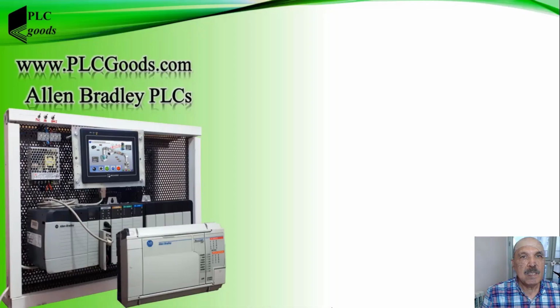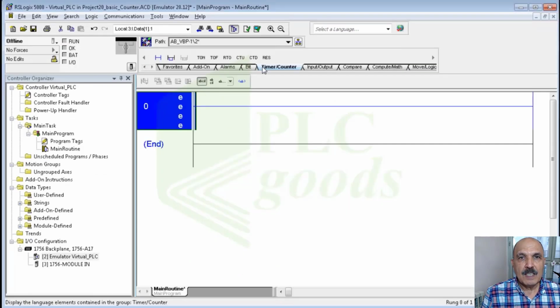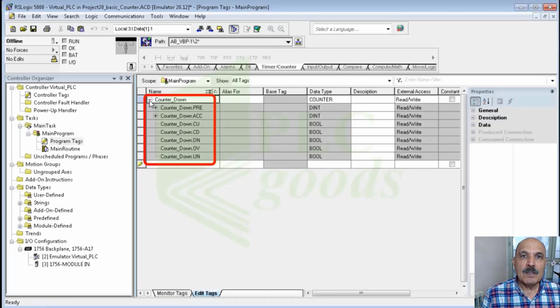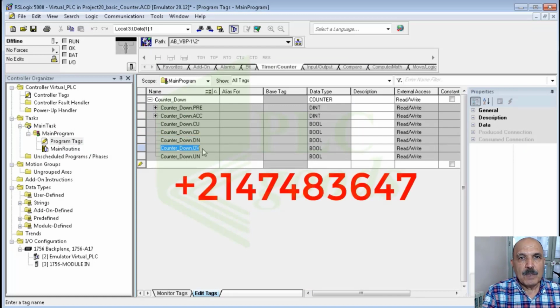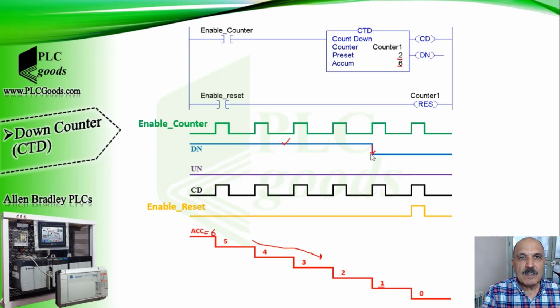sorting system. In lesson number 20, we explore counter instructions in PLC programming, which include count up, count down, and reset. Counters differ from timers as they accumulate state changes in an external trigger signal.